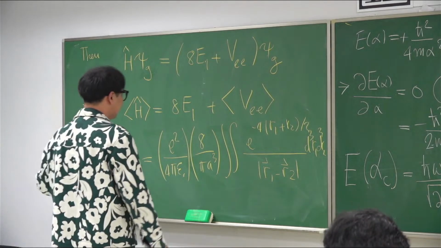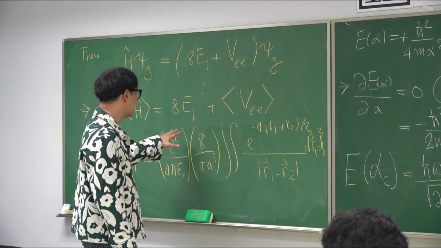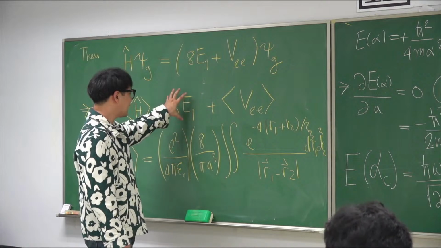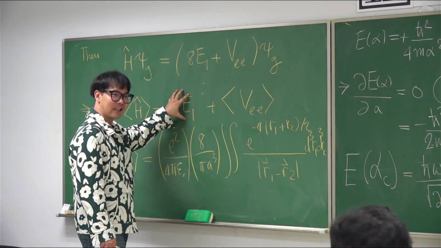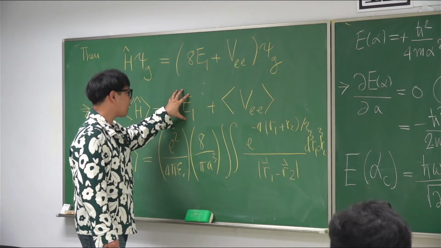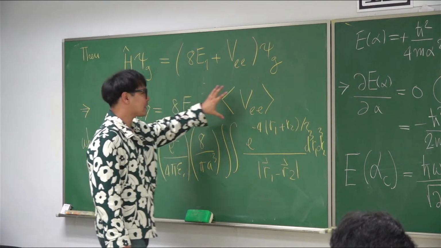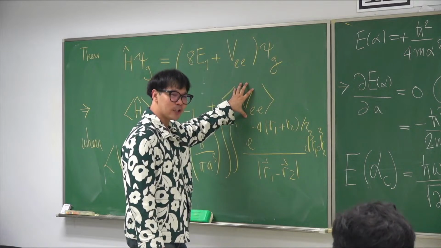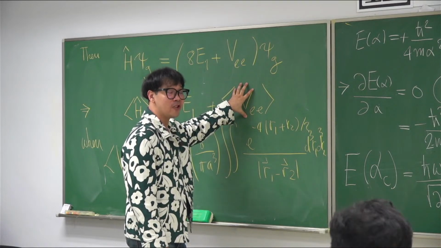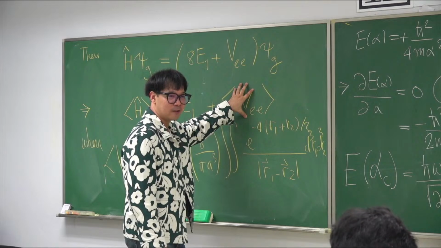So the remaining task is that we get this number already, right? At the starting point, the ground state of the two independent hydrogen atoms, and this bit, which is the extra interaction between the electrons.